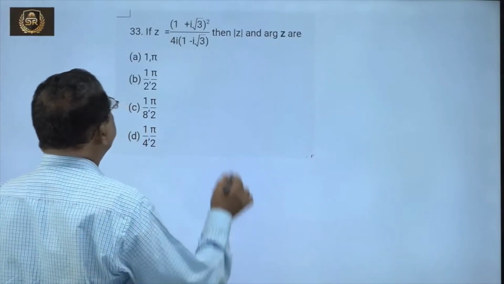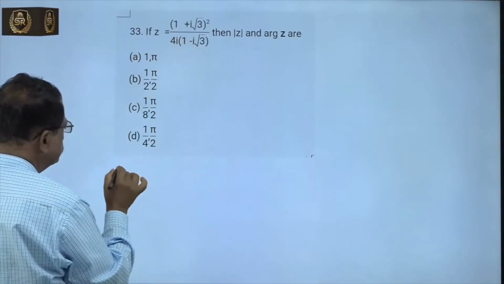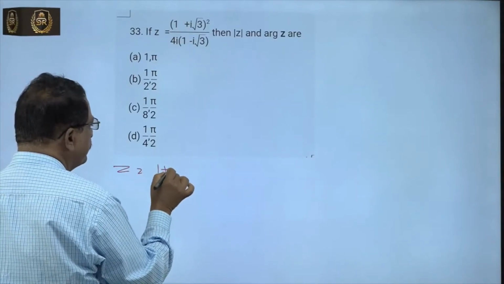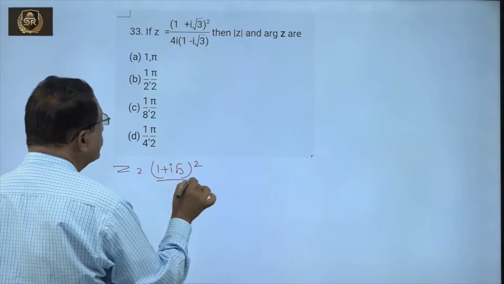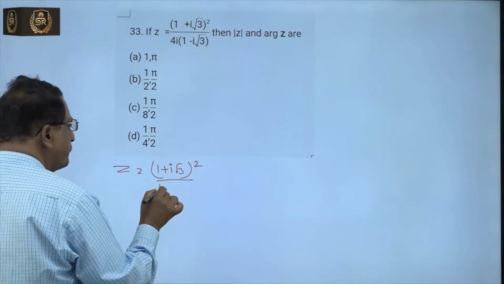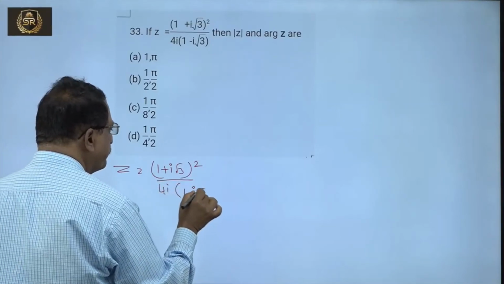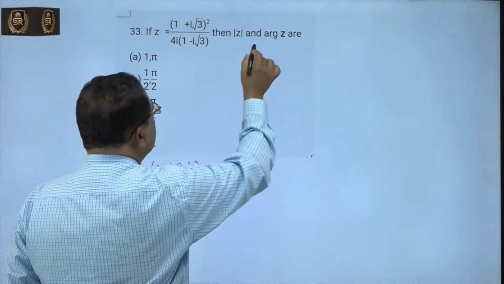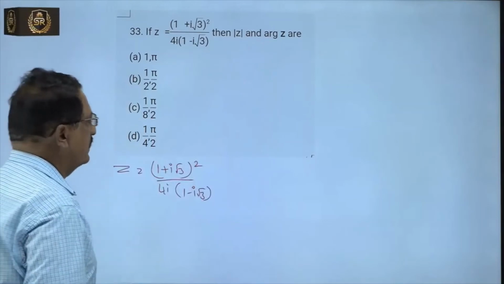Next, z equals, here given, z equals 1 plus i root 3 whole square by 4i into 1 minus i root 3. Then modulus of z and argument of z both are required.